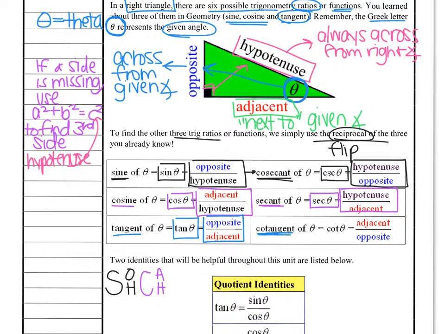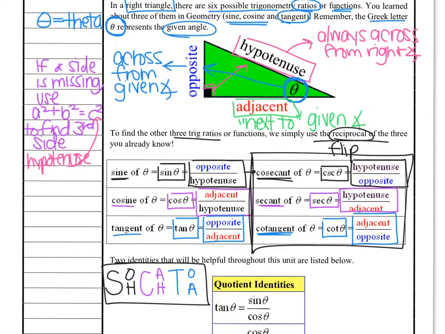Cotangent, its reciprocal, represented by COT, cotangent, is adjacent over opposite. So tangent, the original, is O over A, opposite over adjacent. So this little trick here, SOHCAHTOA, if you can memorize that, then you'll have your 3 original, and then you'll just know to make the reciprocals over on this side, we just have to flip it.